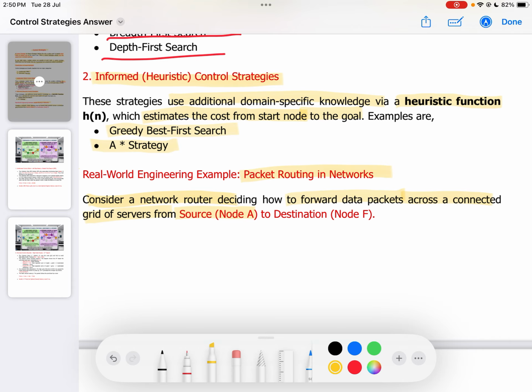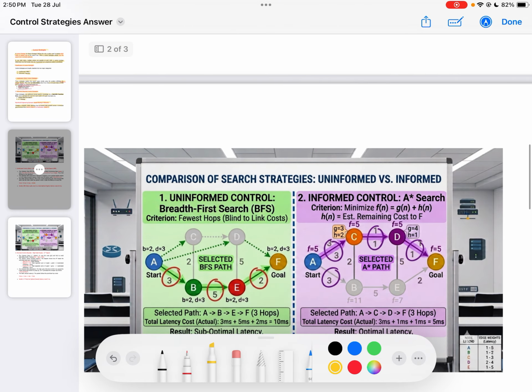The starting point is A, the end is F. A is the starting point and F is the goal. There are two paths. One is C, D, F. Second is B, E, F.